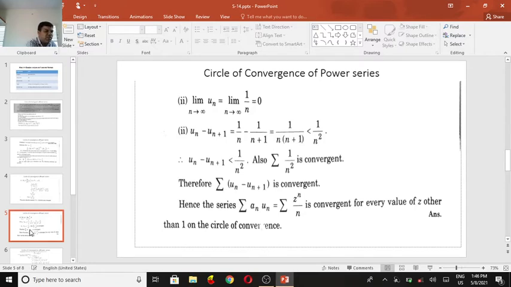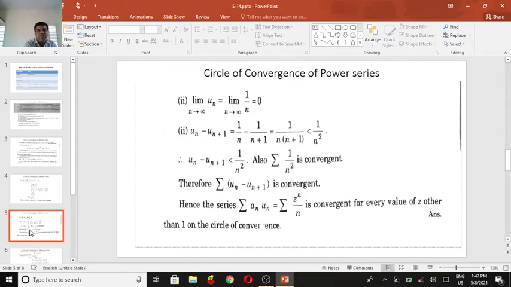Taking the LCM, we get 1 divided by n into n plus 1. This number is less than 1 by n square. So we know un minus un plus 1 is less than 1 by n square. Also the series summation 1 by n square is convergent. Therefore, the summation of un minus un plus 1 is convergent.